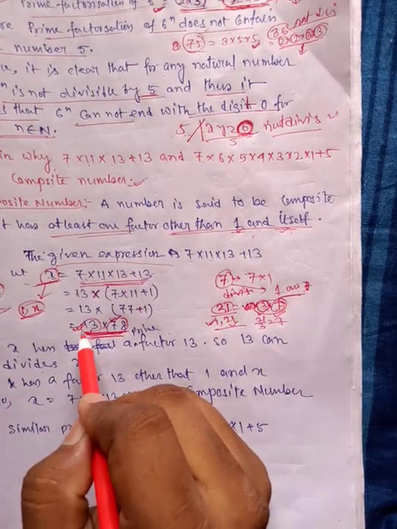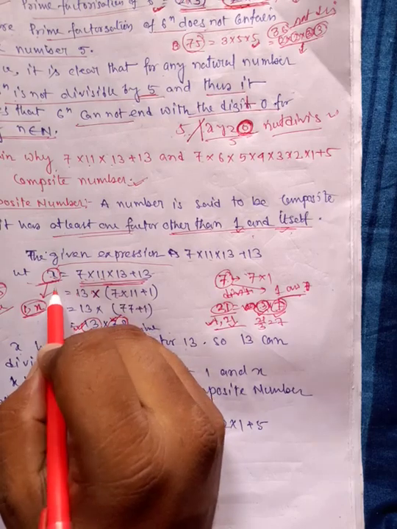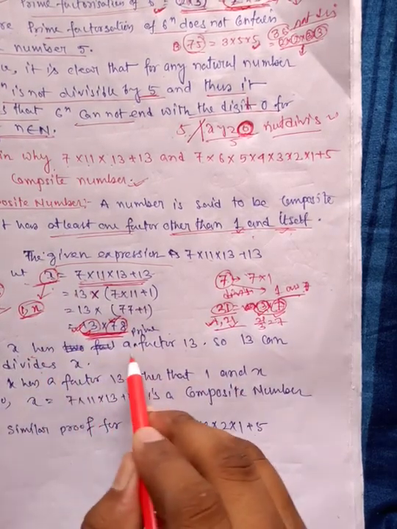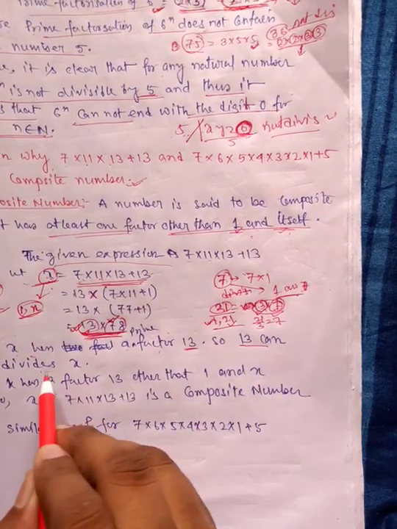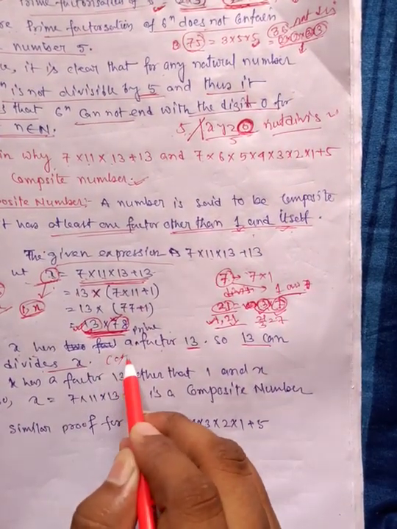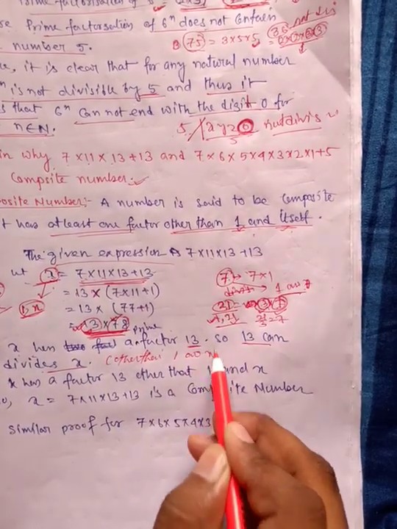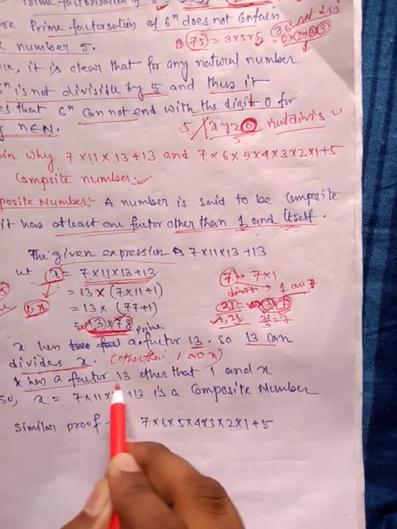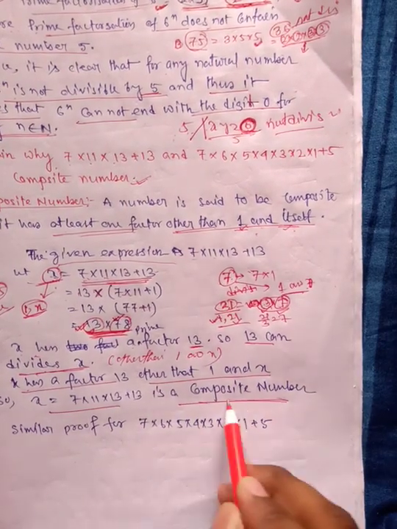So we have found 13 as an extra factor which can divide x. So x has a prime factor 13, and it is other than 1 and x itself. So x has a factor 13 other than 1 and x. So x equal to this number is a composite number.